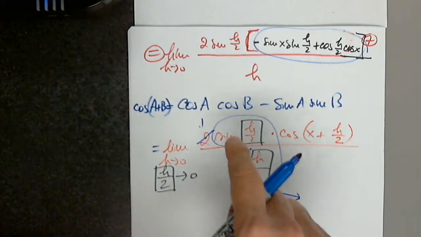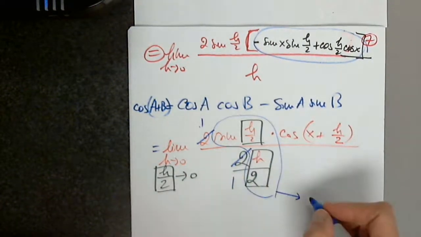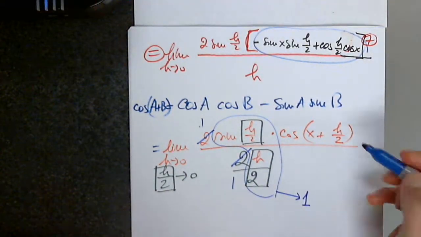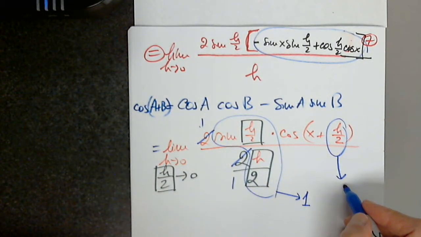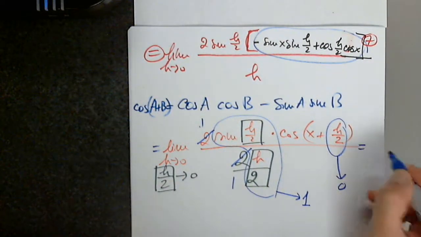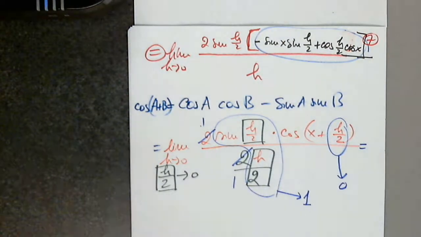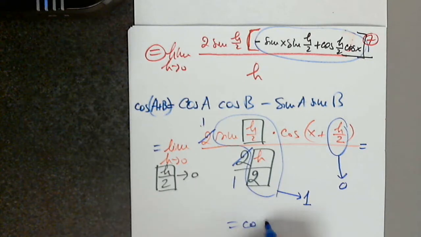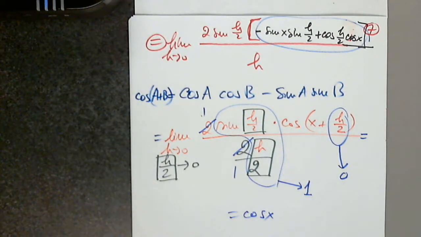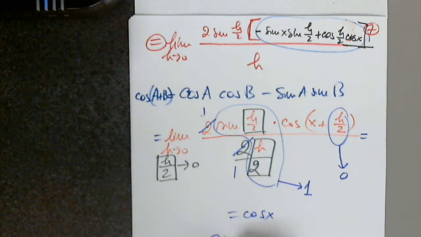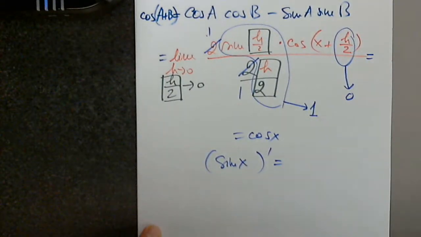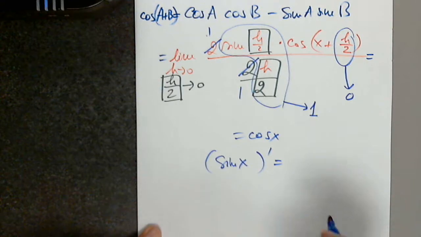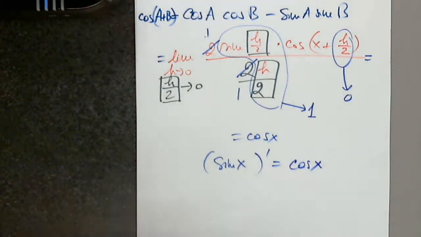Box, box, box. Sine, box, box, box. Good. Can anyone tell us where is this going when h approaches 0? And then 0 over 2. And then what is left from this whole thing? Thank you. So after all this, what will you say to anyone, always from now on, that sine prime equals cosine?